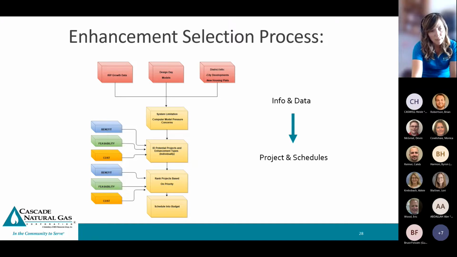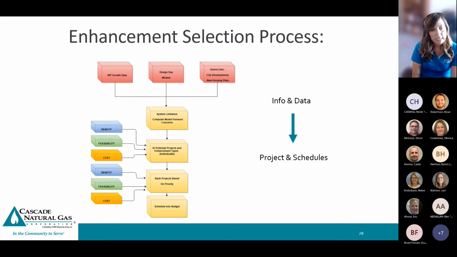So the next step is project rank. We rank them based on priority, based on need. So timing on when it needs to happen, when we predict the deficit will happen on our system, dialing that in, and what's the highest priority, what's the biggest risk, because we want to minimize those impacts on our system.